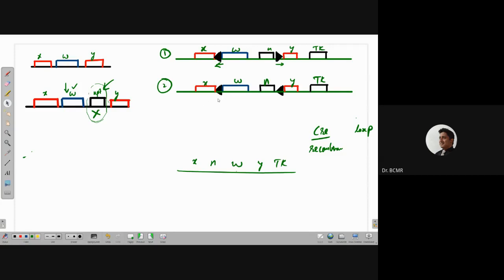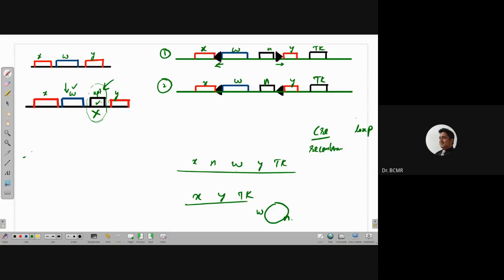Anyway, if I put it like that, as in situation 2, what would happen? Then it would form X, Y, TK. W and N would be deleted. Our goal is to just delete NPT, right? So there are two things that we need to remember about how we introduce the LOXP sites: where you are putting them, and in which orientation.